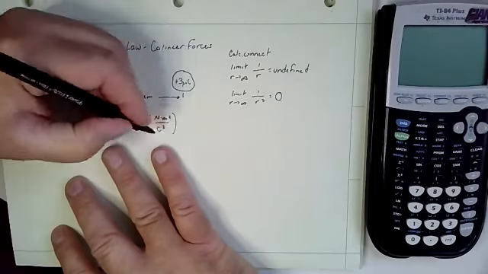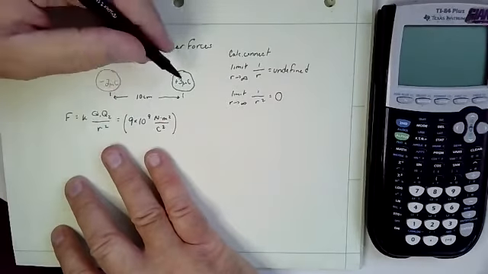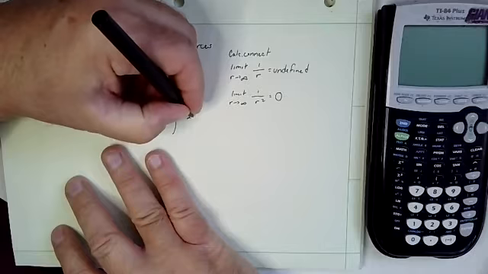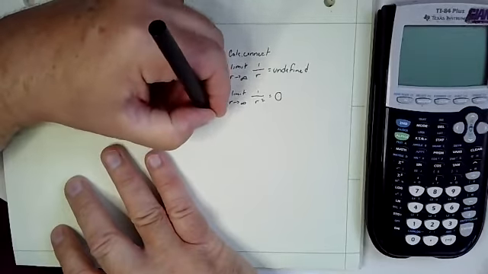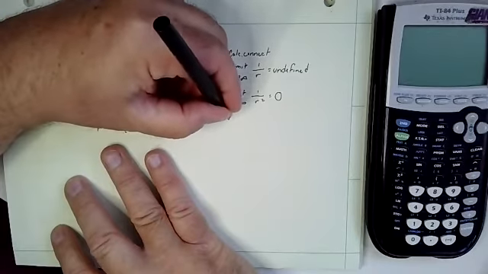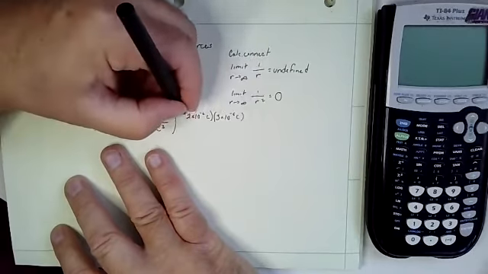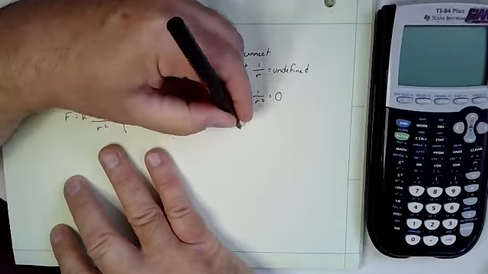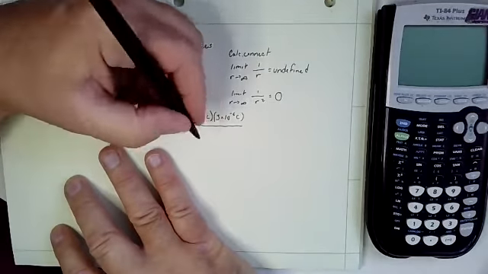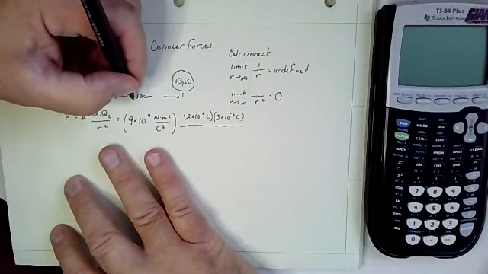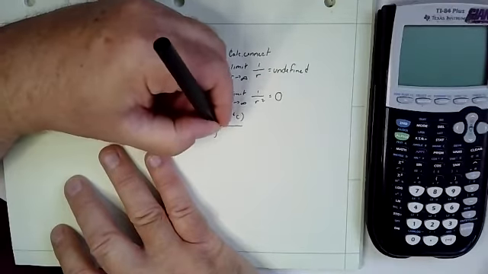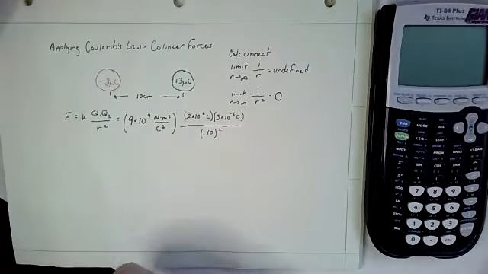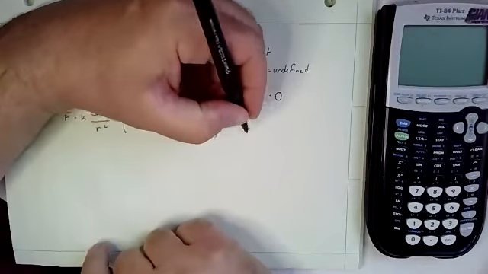That's our value for K. Then we have these two charges: microcoulombs is 10 to the minus 6, so 2 times 10 to the minus 6 coulombs, and 3 times 10 to the minus 6 coulombs, divided by the distance. In SI units, this is 0.1 meters, so 0.10 squared. We'll assume 2 significant digits for everything. Okay, great. So how do we evaluate that on the calculator?